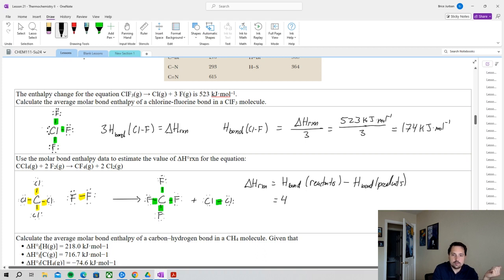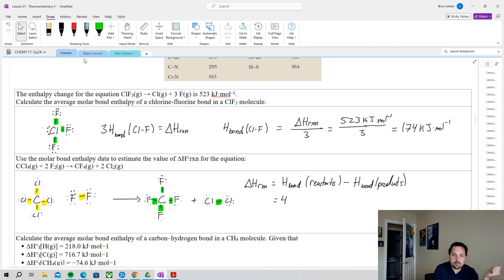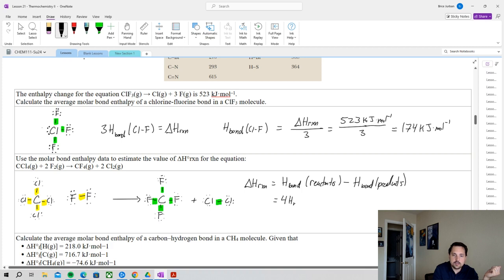Okay, so we have 4 times the bond enthalpy of carbon-chlorine and 1 times the bond enthalpy of fluorine-fluorine.